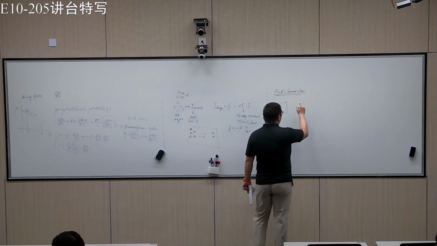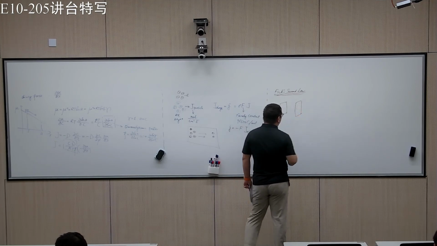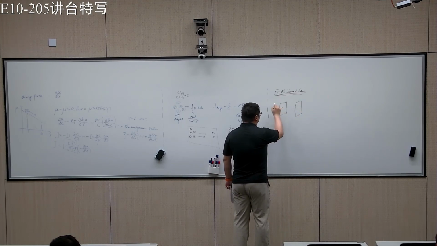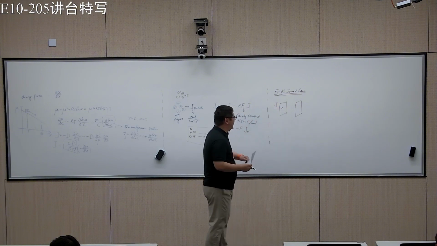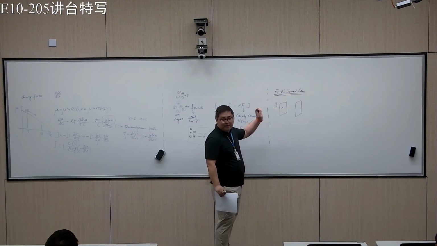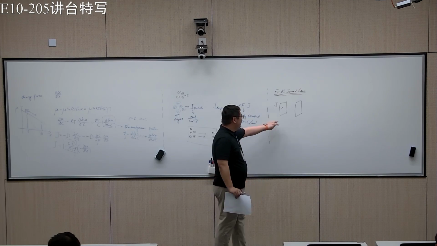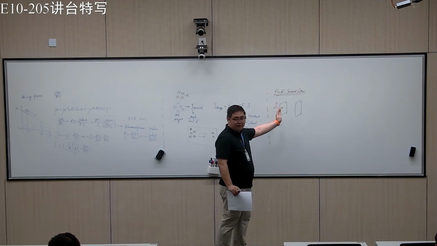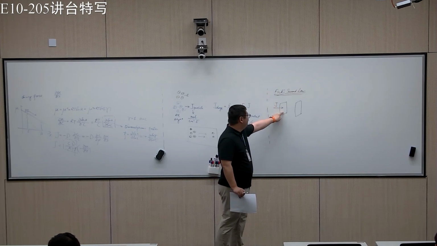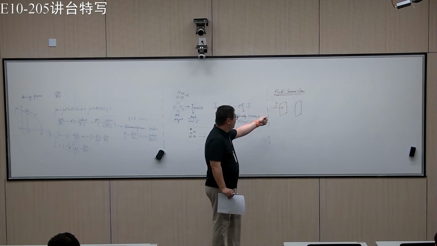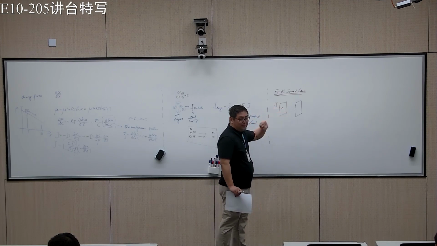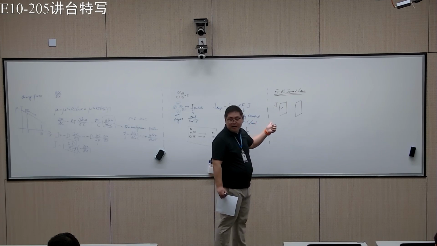So how do I understand that? Fick's first law measures the flux going through an imaginary plane. If I take the sample and cut out an imaginary plane and measure how many particles go through the plane per second, I get my flux.